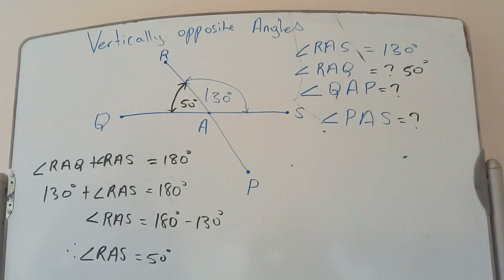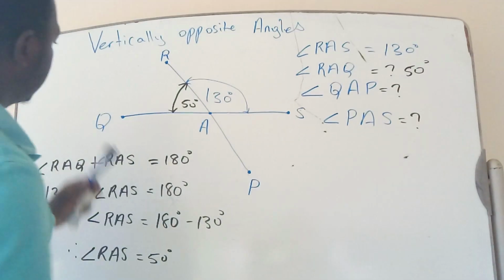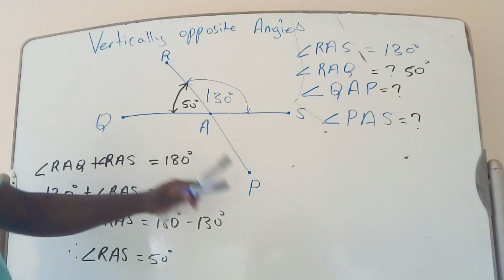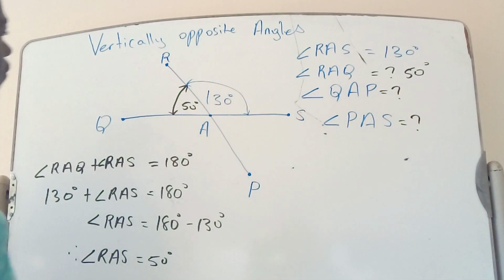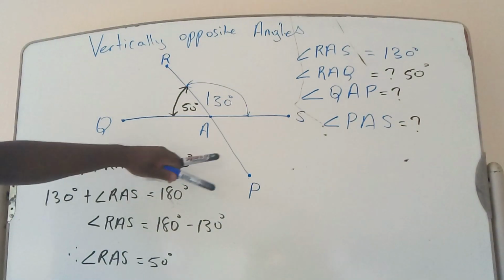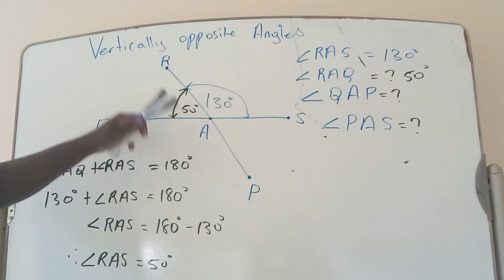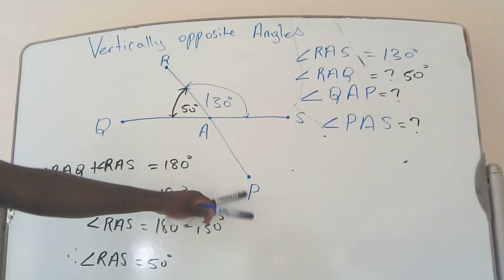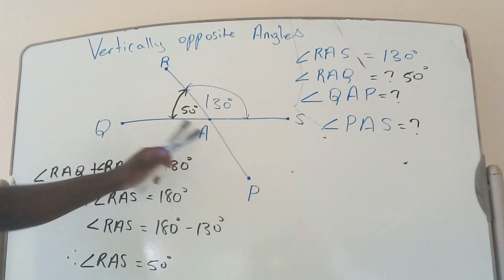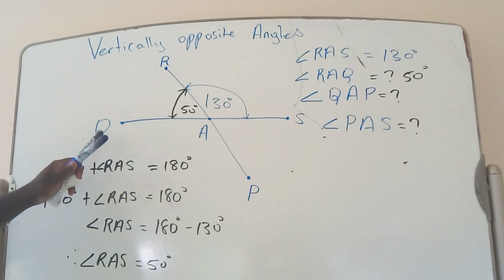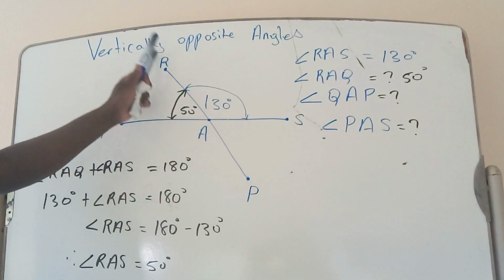Now, let's look at angle QAP, which is this angle. Let's see if we could use the same technique to find this angle. We realize that angle PAQ is adjacent to angle QAR.